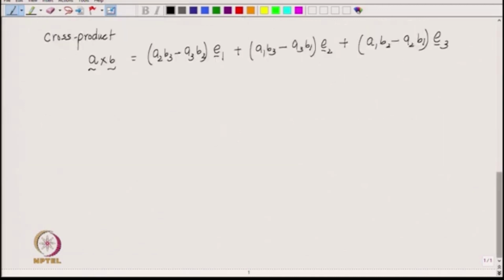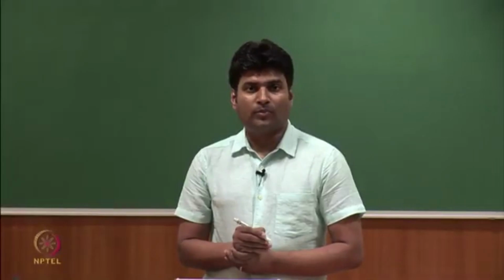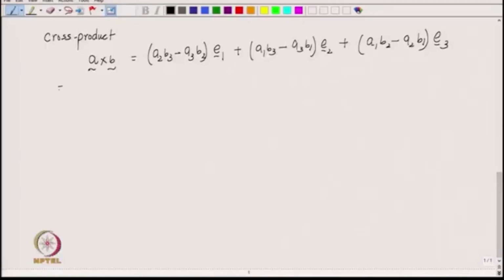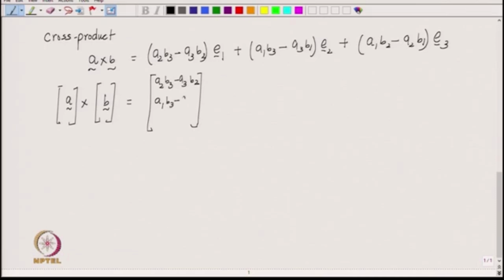Now, we can also write the same thing in a column form. So, we have the column of A cross product with the column of B, and then on the right hand side we have the 3 components written in this column: A2 B3 minus A3 B2, A1 B3 minus A3 B1, A1 B2 minus A2 B1.